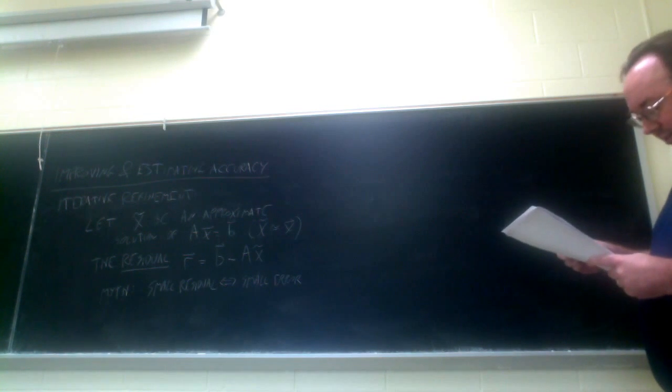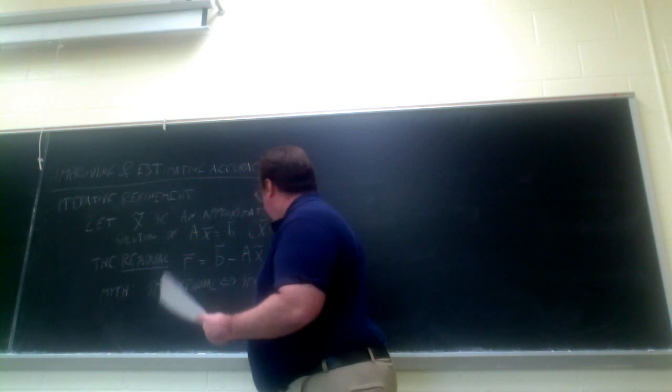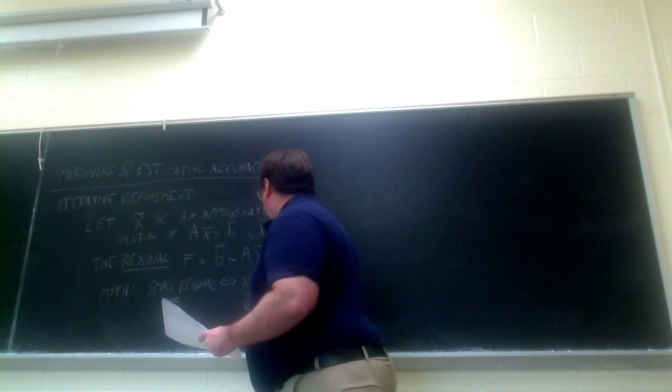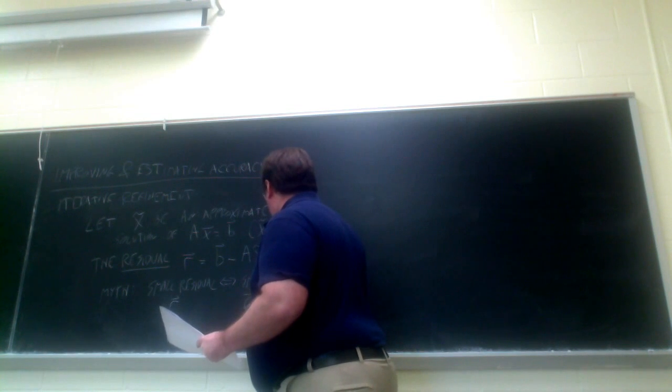But there is a simple relationship between the error and the residual. R is the residual. I can define the error to be e, which is just the exact minus the approximation, x minus x tilde. Is that relative or absolute error? This is absolute error, because I'm not dividing by x.